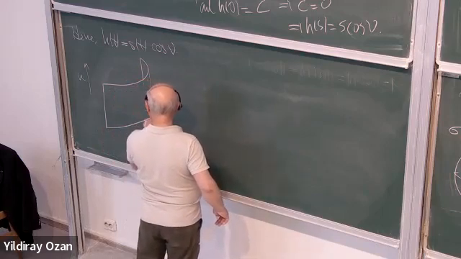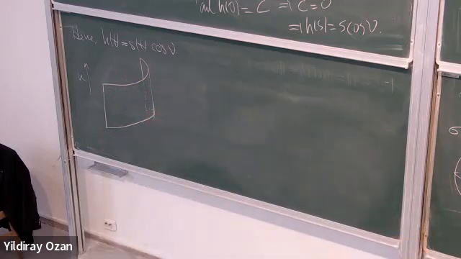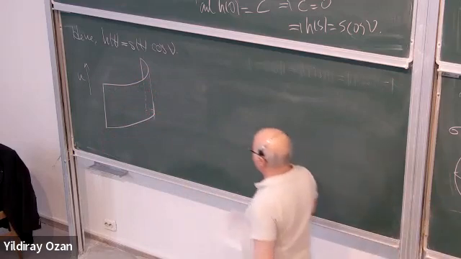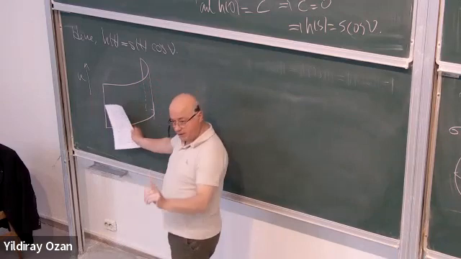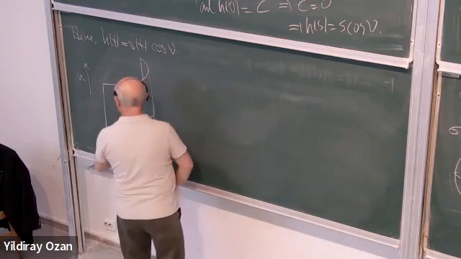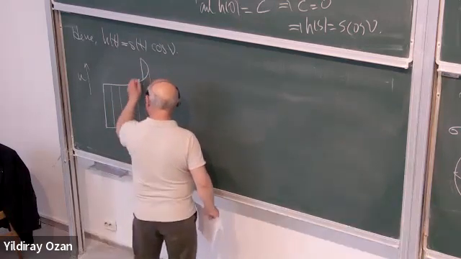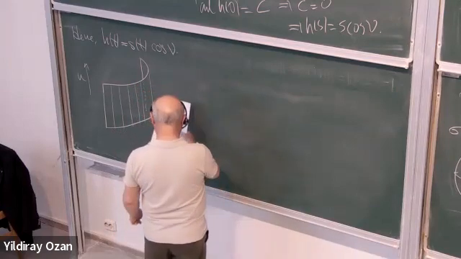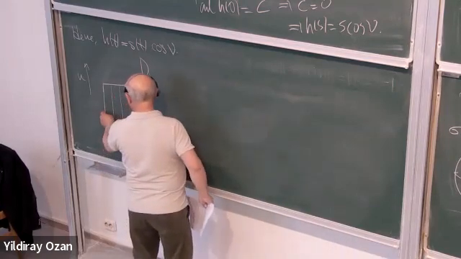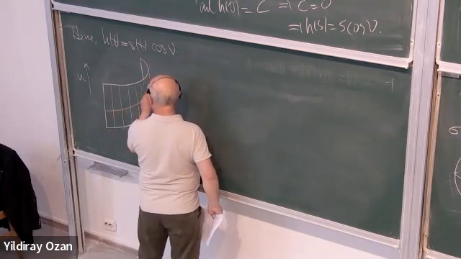We have something like this. And our curve always makes a constant angle with the vector u. So if I draw these lines parallel to u, our curve beta or alpha, it is the same curve, just reparameterized, is something like this.